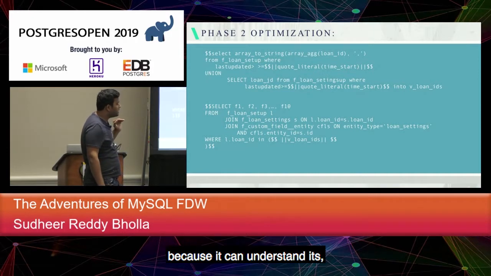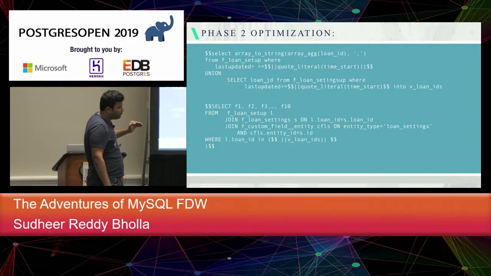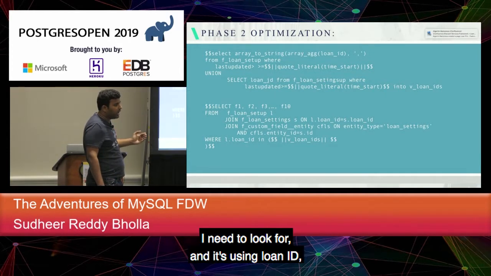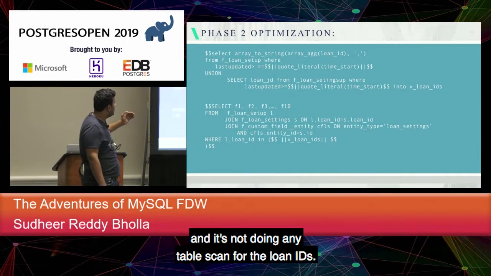because MySQL can understand that these are the values I need to look for, and it's using loan ID and it's not doing any table scan for the loan IDs.